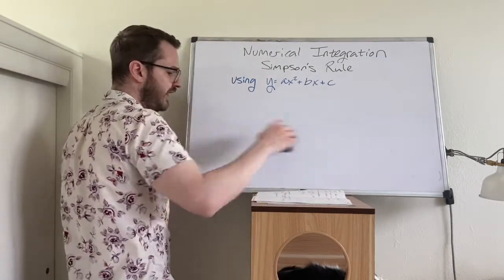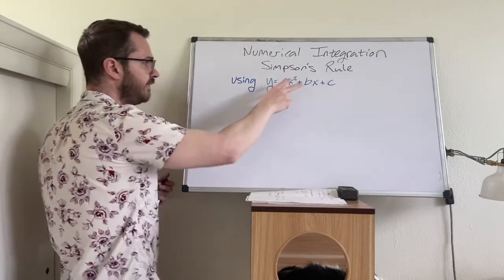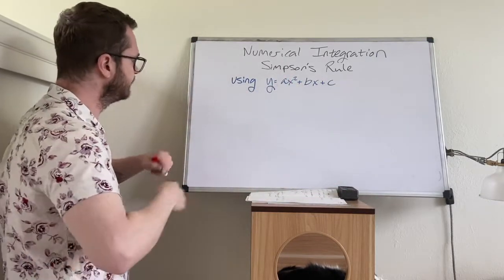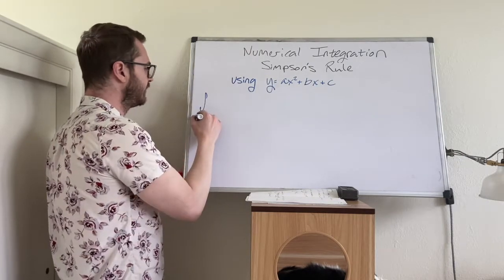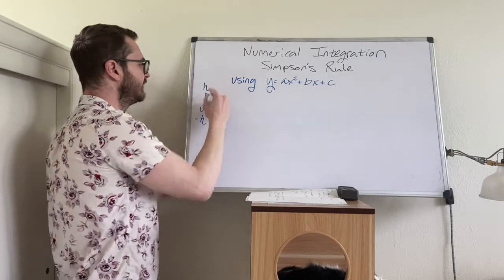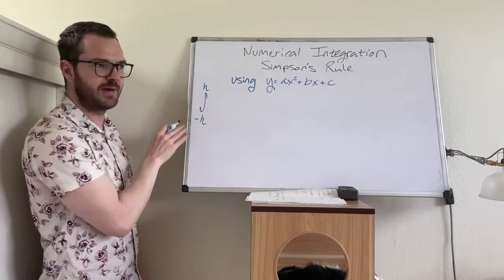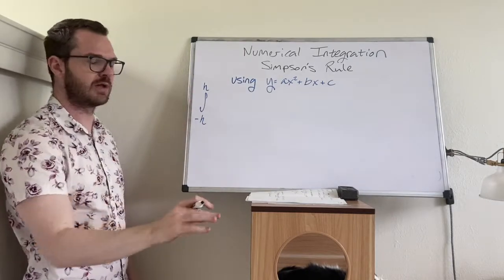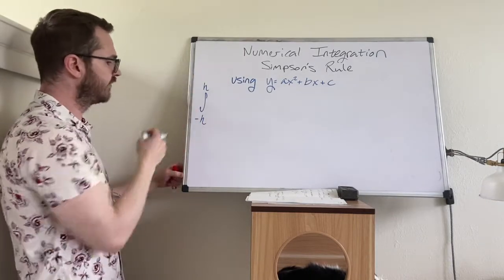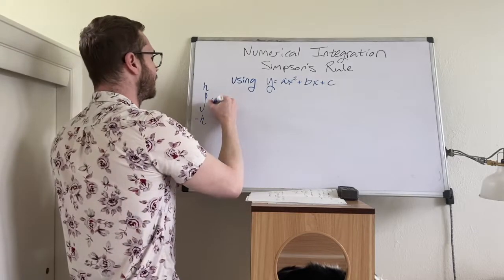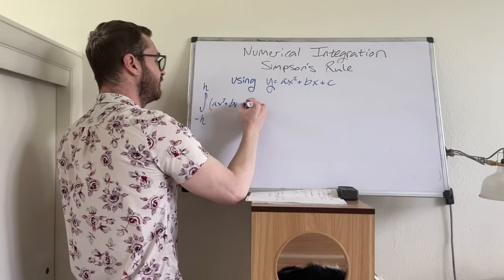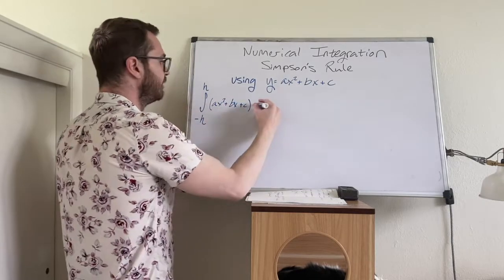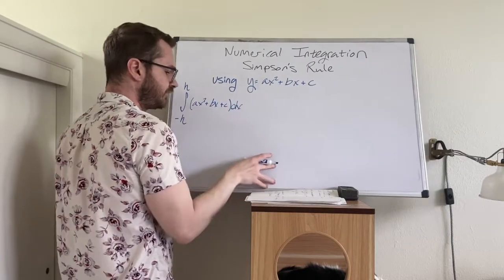Let's take all of this stuff and put them into the function. So we're looking at the definite integral from negative h to h. Remember, we're not back to the main one doing a to b. We're still trying to generalize. So we're integrating from negative h to h, and we're integrating ax squared plus bx plus c dx.